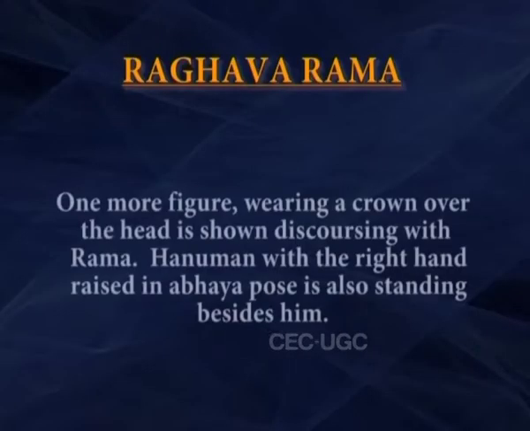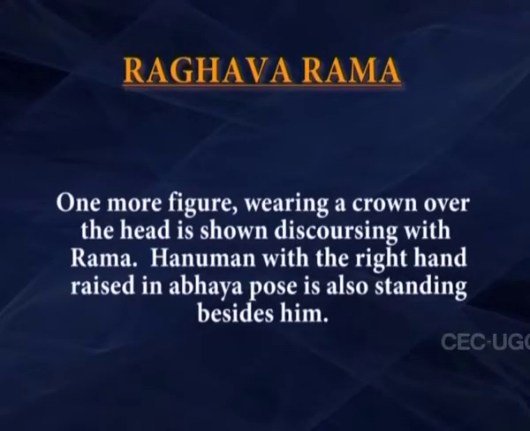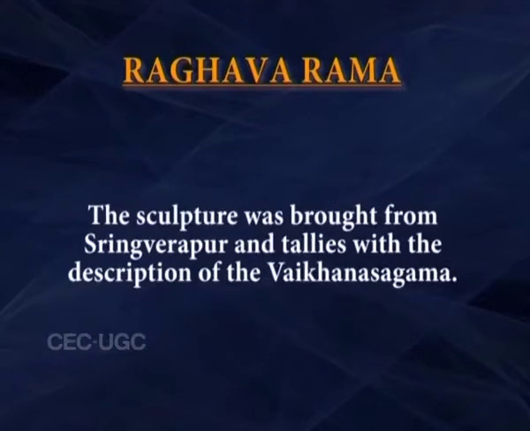They carry a bow in the left hand resting on the shoulder and the right hand held in Abhaya Mudra. One more figure wearing a crown over the head is shown discoursing with Rama. Hanuman with the right hand raised in the Abhaya pose is also standing beside him. The sculpture was brought from Shringaverapura and tallies with the description of the Vikhanasa Agama.